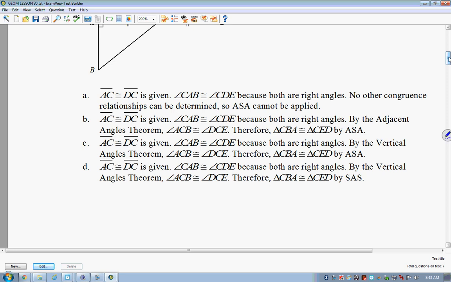Now, this last one, you'll notice, has all that same information, but there has one wrong thing. Does anybody know what the one wrong thing in option D is? It says side angle side, which is not what we were trying to prove, and we couldn't have proven it side angle side anyway.